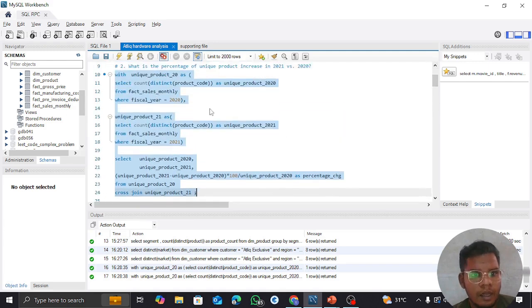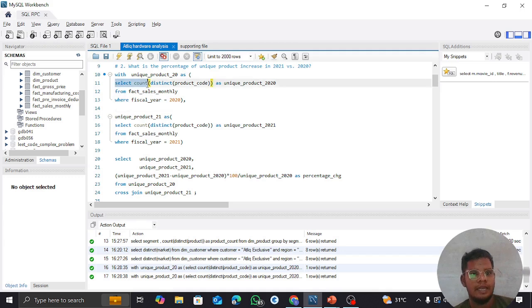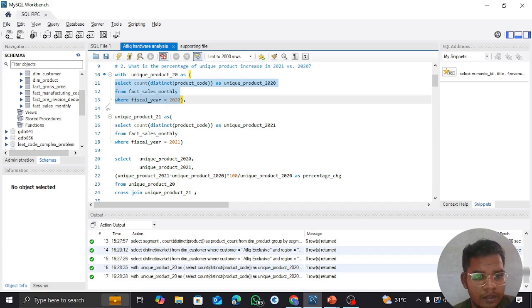In this particular section, the SELECT DISTINCT is used to pick up the distinct products from the table, and then we apply the WHERE clause, a condition for 2020. Here is the same query for 2021, so that is the difference. This returns some value and this returns some value, because both are saved in a table way.